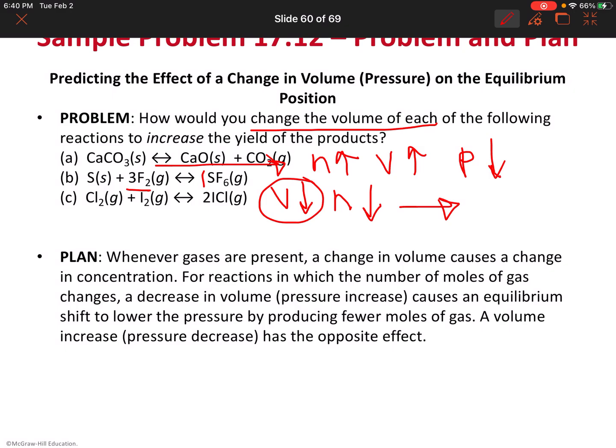And then the next one, gas, gas, gas, 1 mole, so total number of moles 2, and your product also 2. So the delta N, all of these are gases, so what's the delta N? Difference in the product minus reactant, 2 minus 2, 0. If the delta N is 0, there is no change.